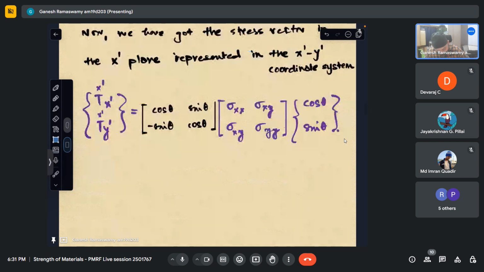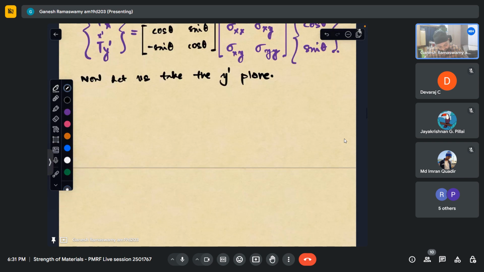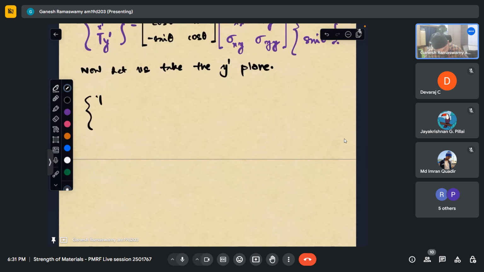Let us take the y prime plane. So what is traction in y prime? Now I will represent it as x, y as we usually do.